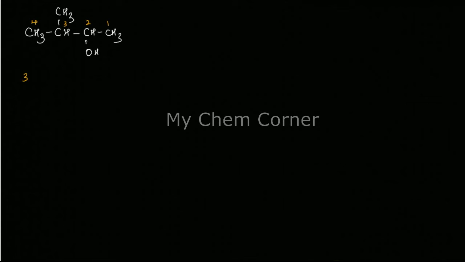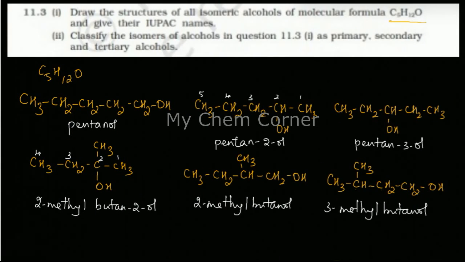So I can write 3-methylbutan-2-ol. Okay, so here I have done 2-methyl, I have also done 3-methyl. Further I cannot do anything. So with the 4 carbon chain, everything is done.